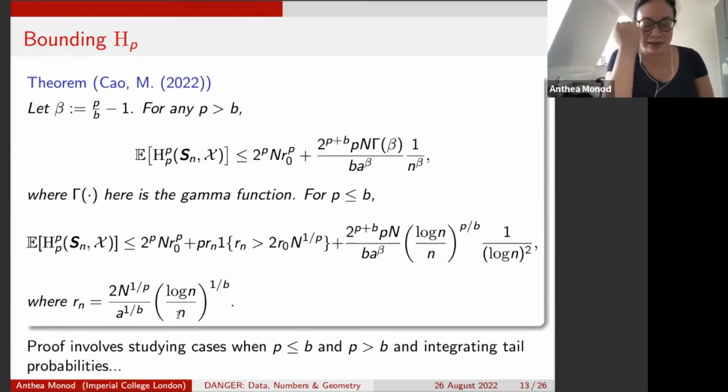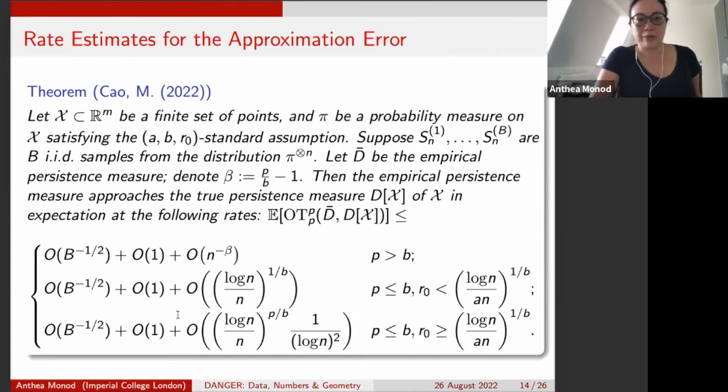It tells us that we can get explicit bounds for the P Hausdorff distance for the bias only in terms of the parameters that we cared about: P, small n and big N. Small n corresponds to the subsample size, big N corresponds to the size of the true data set that we care about, and then a, b, r naught correspond to the random set theory and probability restrictions to make sure that our measures are not too singular. It's a long and complicated proof, but basically it looks at different cases for b, the radius of these Euclidean balls that we would like our probability measures to look like, with respect to the parameters of these metrics, and then integrating tail probabilities.